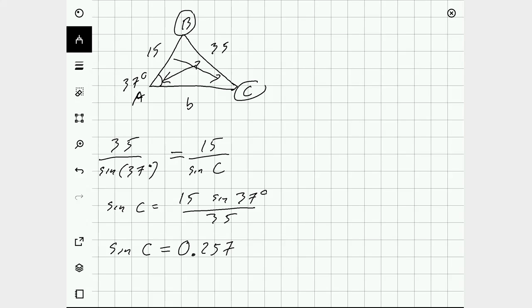So C itself is the inverse sine of that thing, which my calculator tells me is 14.9 degrees.